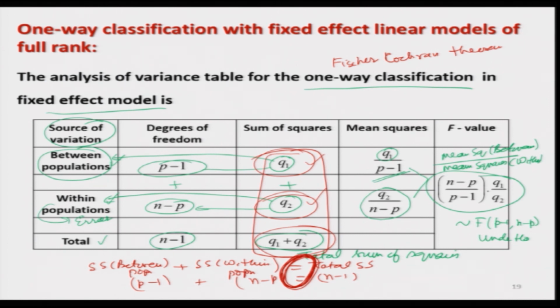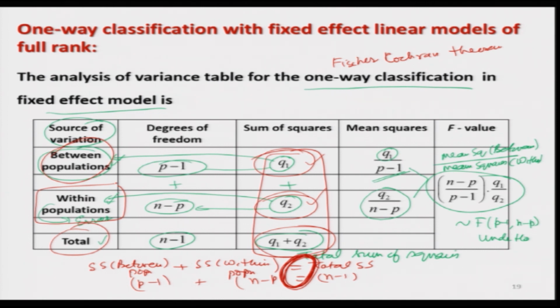So, that is why we always say to compute two sums of squares manually and obtain the third one by subtraction. For example, if you obtain the total sum of squares and the between population sum of squares, then obtain the within population sum of squares by subtraction, that is, total sum of squares minus sum of squares between populations.